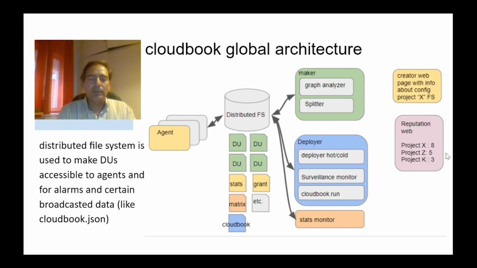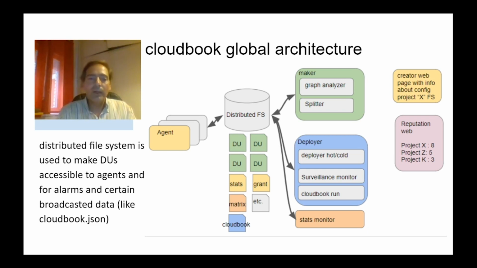Finally, the purpose of the distributed file system is not only to make these files accessible to the agents, it's also because the distributed file system is a way to provide scalability to the number of agents. Depending on your deployment, if you have 10 machines, perhaps an NFS file system is enough.